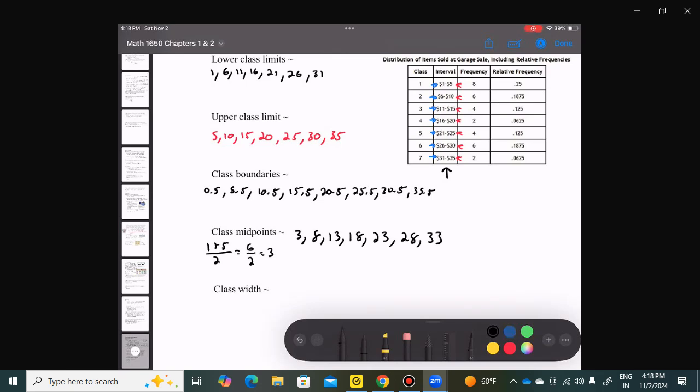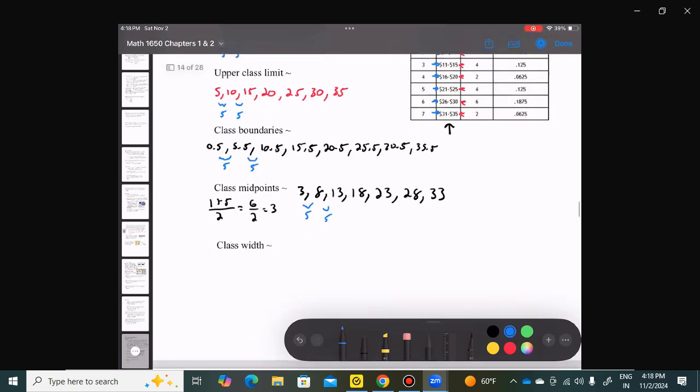Now, all of these, and this last one I actually used what I'm going to say next to get all those without having to do the math in my head. All of these, notice the differences between these numbers are 5 every time, as you go all the way through. Same thing with the midpoint. So the difference between those numbers are the same, and this is a class width.